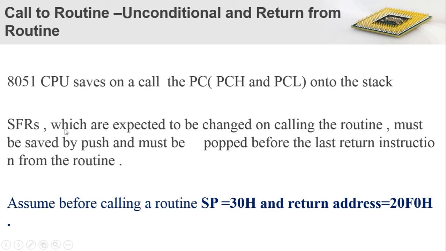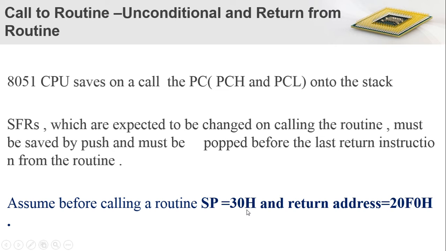So the pushed special function registers as well as the return address are first popped back into their exact locations before transferring the control back from the subroutine body to the main program. For more clarity, consider one example. Assume before calling a subroutine, the stack pointer is storing the value 30h.